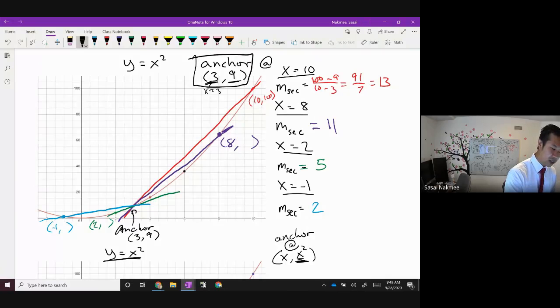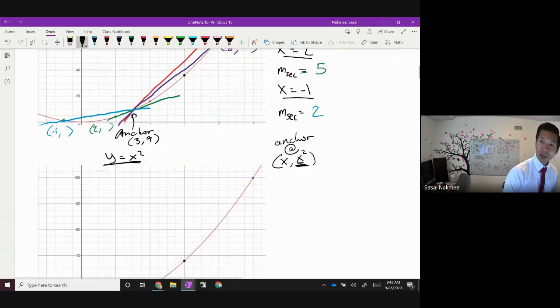That's technically just 3 plus 7, isn't it, to get to that 10? And this one right here was technically 3 plus 5. This one was 3 plus -1, and so on and so forth, to get these x values. So we can just look at this generic point for my secant line.